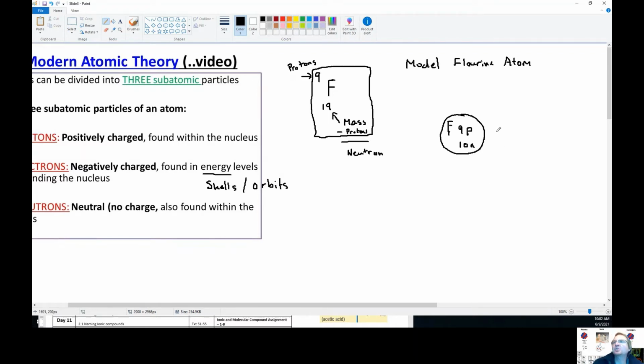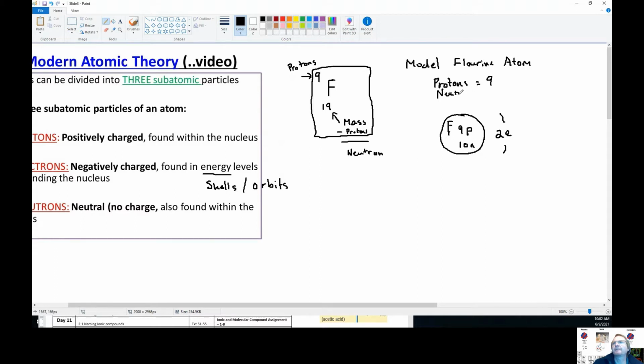Here is the pattern in nature. If there can be 2 electrons, there will be 2 electrons in the first orbit. Oh, that's interesting. Okay, because remember how many electrons fluorine has? Well, it's got the same number of electrons as protons, right? Let's just quickly check this here. So in terms of protons for fluorine, it's got 9.